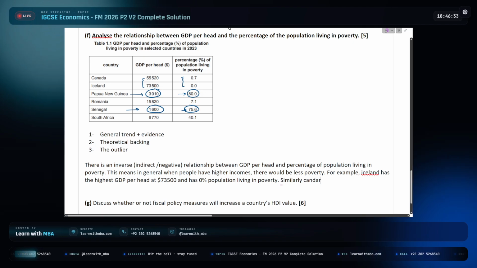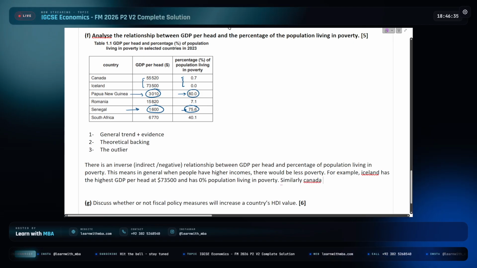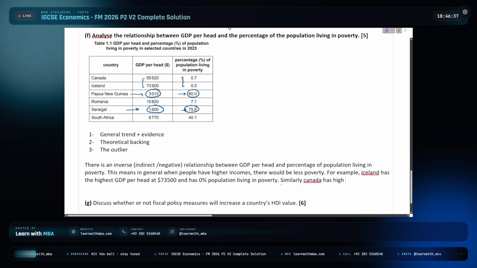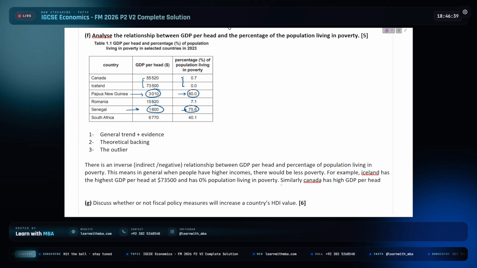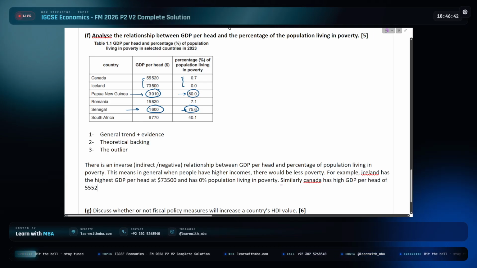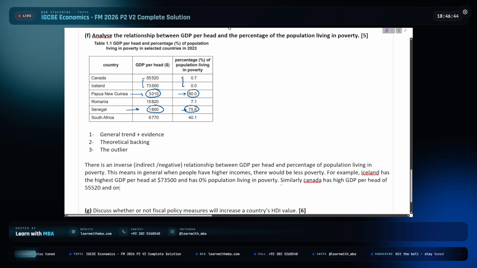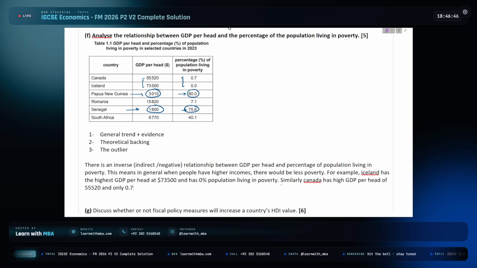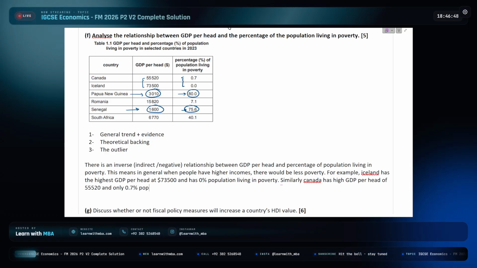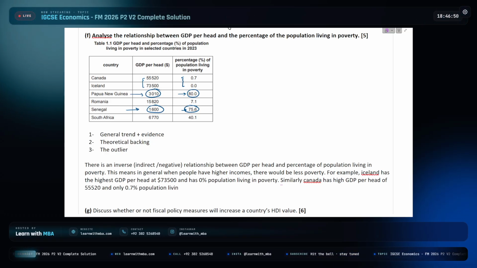Similarly, Canada has high GDP per head of 55,520 and only 0.7% population living in poverty.